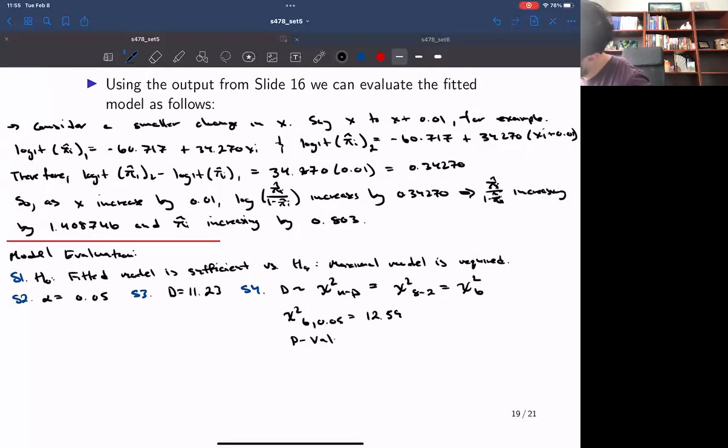And then the p-value for this test would be 0.0815. You can actually see we're getting pretty close to rejecting here. So there is some suggestion that this isn't the best fitting model.